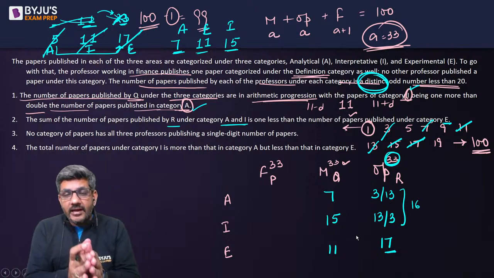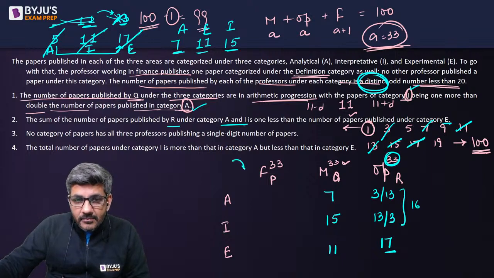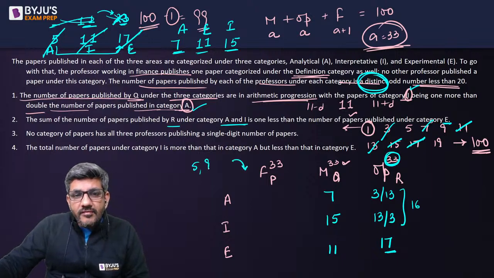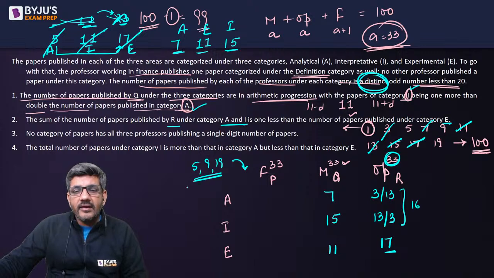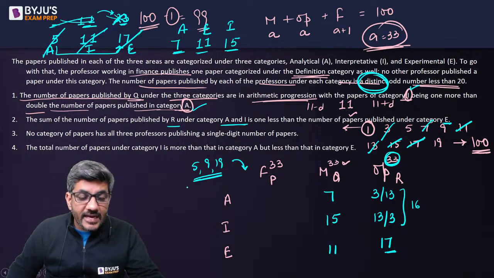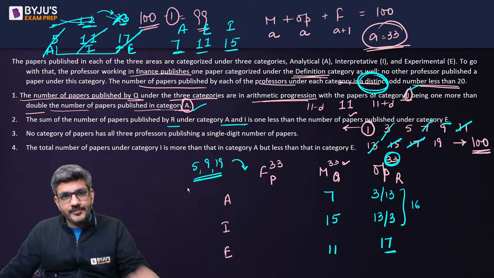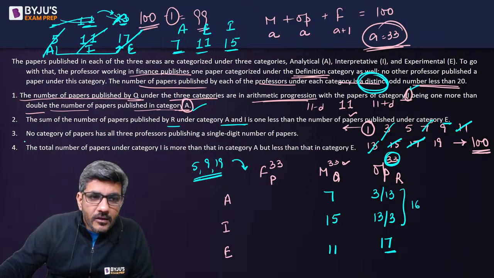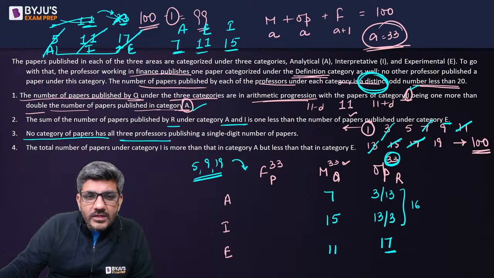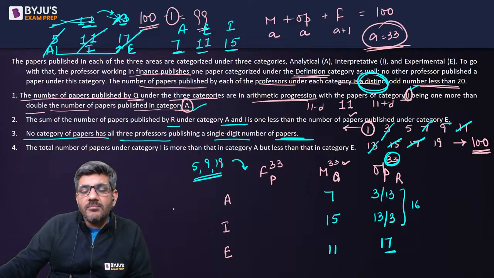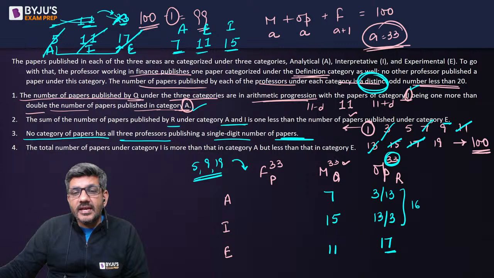Now I definitely know that these three numbers are going to be 5, 9 and 19. Which one is 5, which one is 9, which one is 19, we currently do not know, but they will be 5, 9, 19. Next, no category of paper has all three professors publishing a single digit number of papers. So all three numbers can never be single digit. What does that mean?